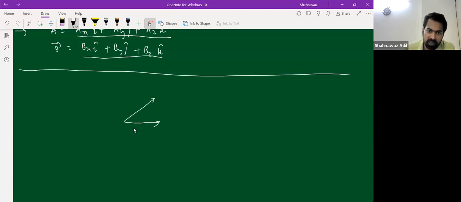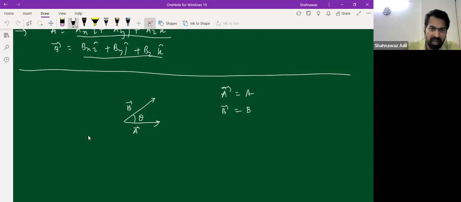This is some vector A and vector B. The magnitude of A is, let's say, A, and the magnitude of B is B. And the angle between them is given. So how can we add these vectors? This will be my goal to teach in this class.